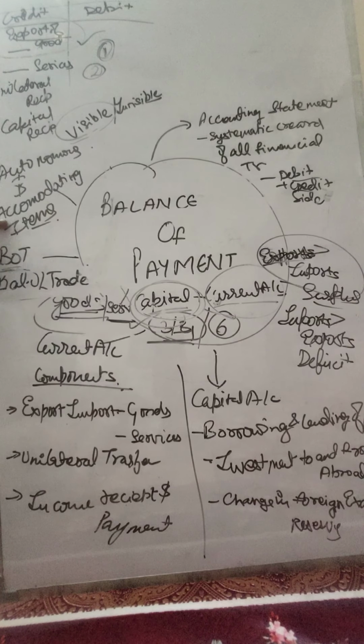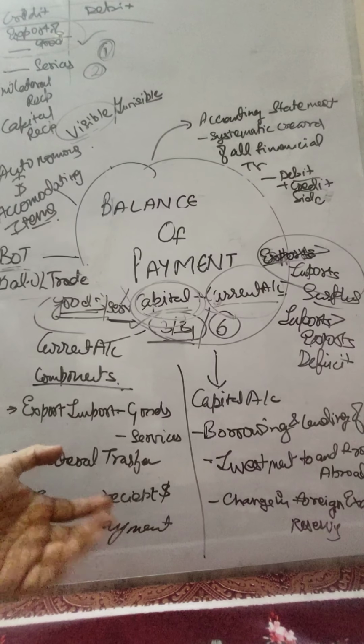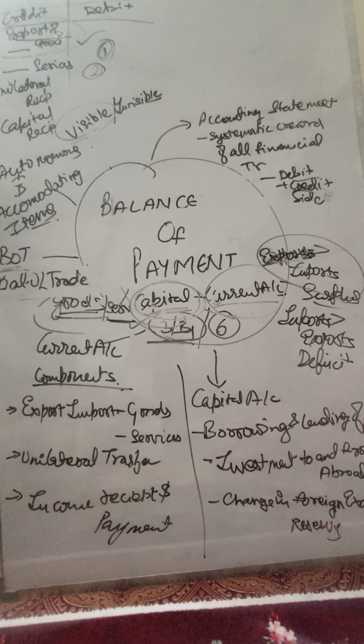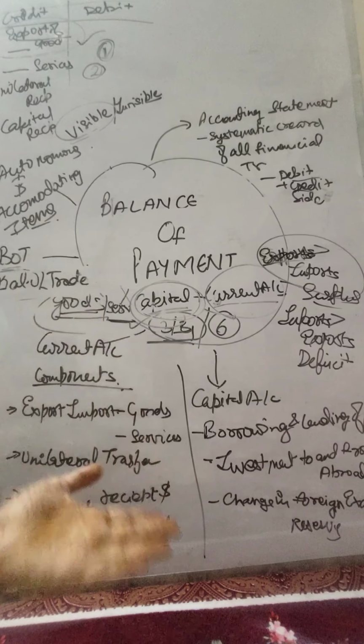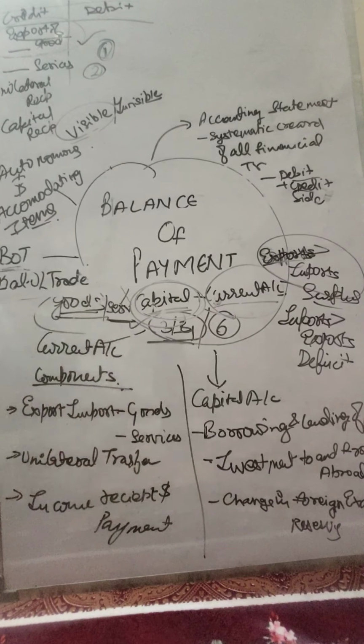So it is very important to understand where accommodating items come. Autonomous items are also known as above the line items, whereas accommodating items are below the line items, because they are used to balance the equation, whereas autonomous items are independent.